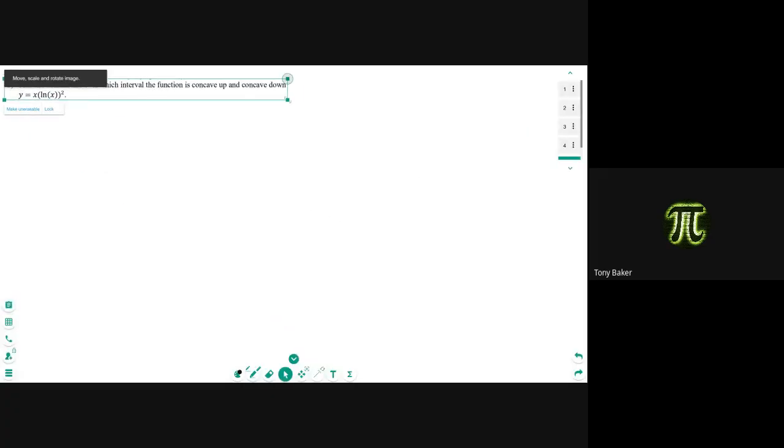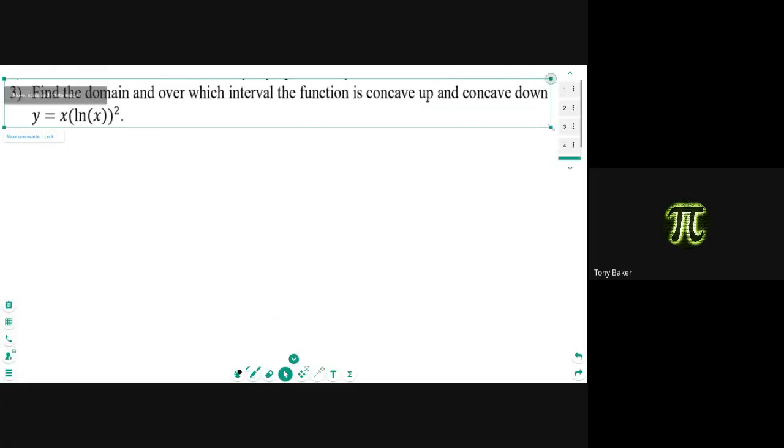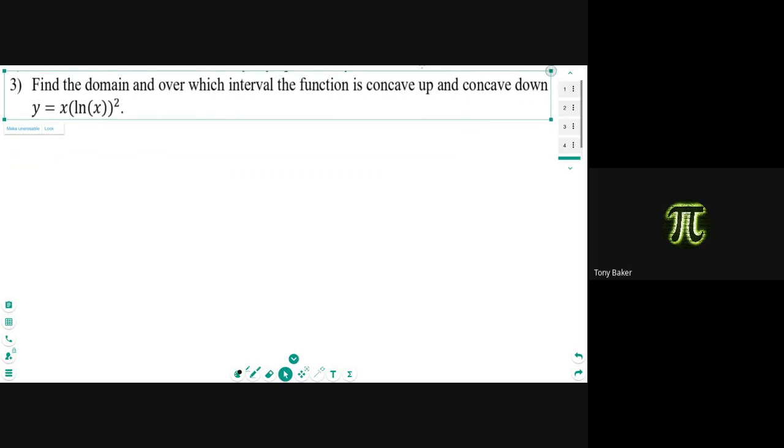All right. Concave up and concave down. What do I need to find? Need to find my second derivative. Find me my second derivative.